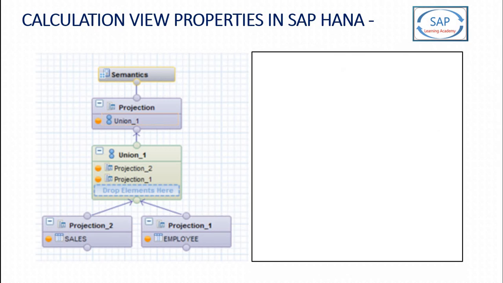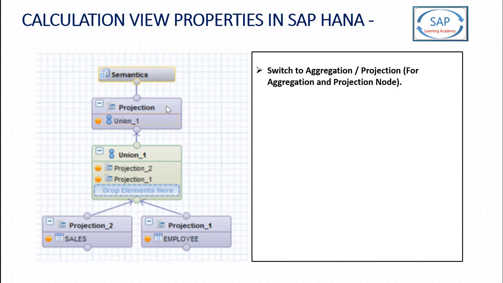So the first feature in this calculation view properties is that you can switch to aggregation node or projection node, and it is applicable to aggregation and projection node. Meaning that when you right click on a projection node, suppose this is my projection 1, and you want to transfer to a cube calculation view, how can you do that?